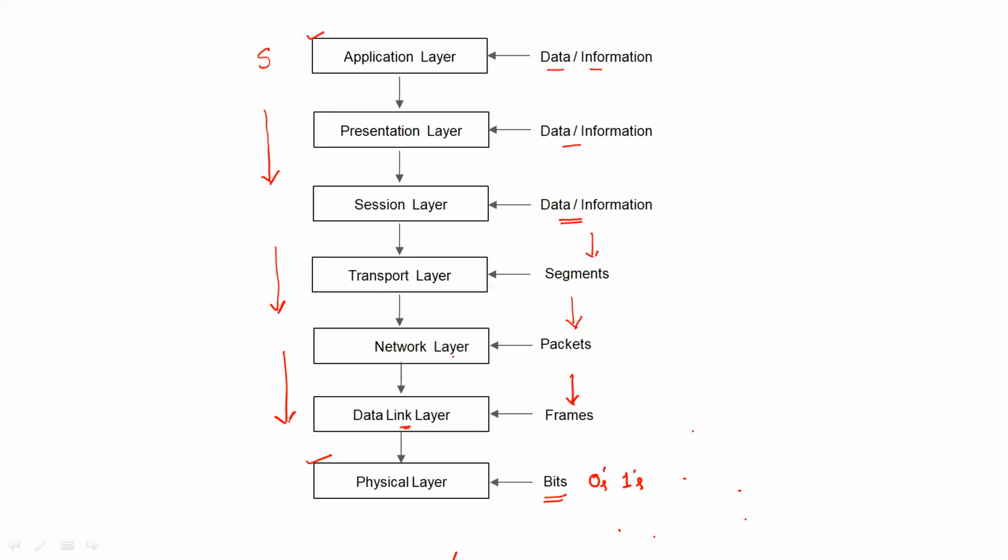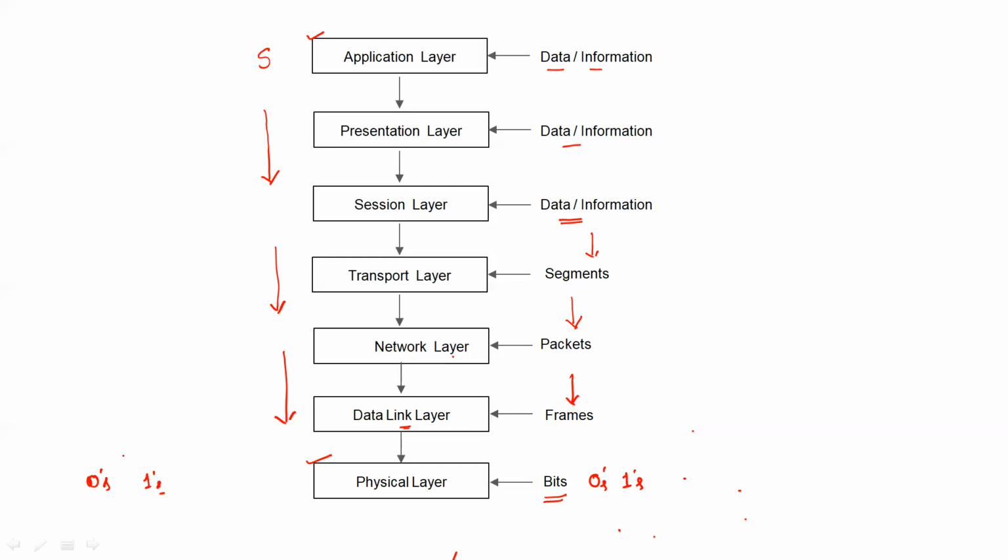Whereas at the receiver side, the same process will be repeated. So what happens? The receiver will receive zeros and ones first, right? That is at the physical layer.